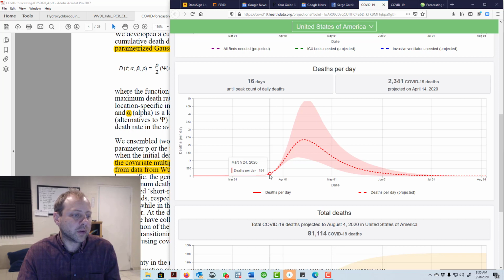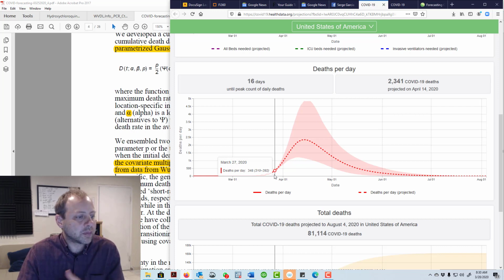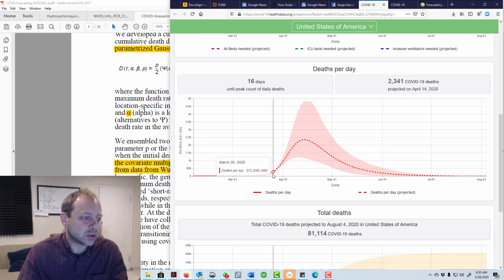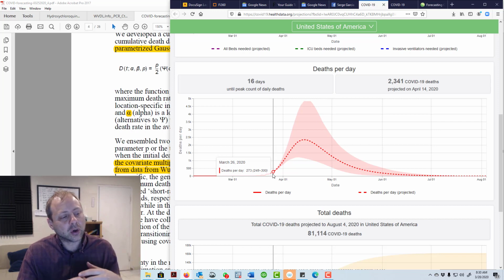So that was 154 on that day, 200 today. We've got maybe 400. Yesterday we were in the 200s that passed away. That was reported, which ostensibly, now that I'm thinking about it, would be the 26th, right? So that's 273 projected. So maybe we're under that number a little bit.